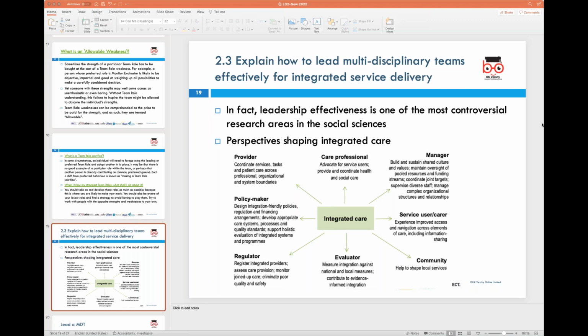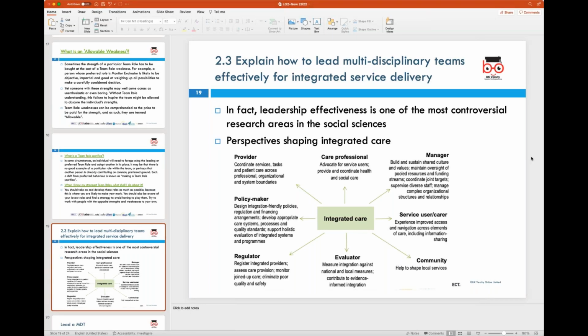We talk about situational leadership, transformational leadership, transactional leadership. There are lots of different models which have been proposed over the years, but there's not one particular model which can answer this question of what could be the most effective leadership model to look at integrated service delivery within the health and social care sector.